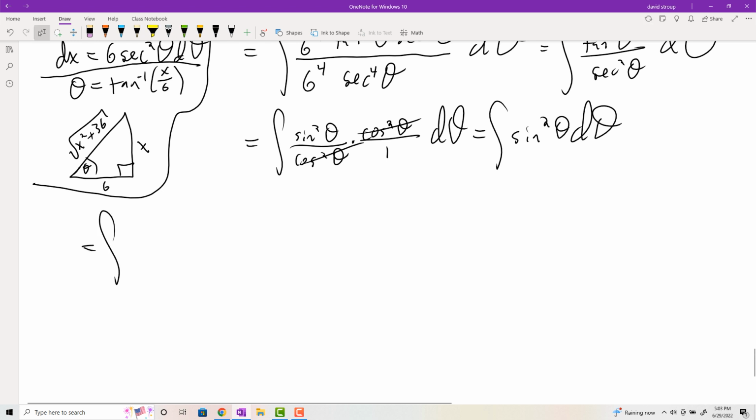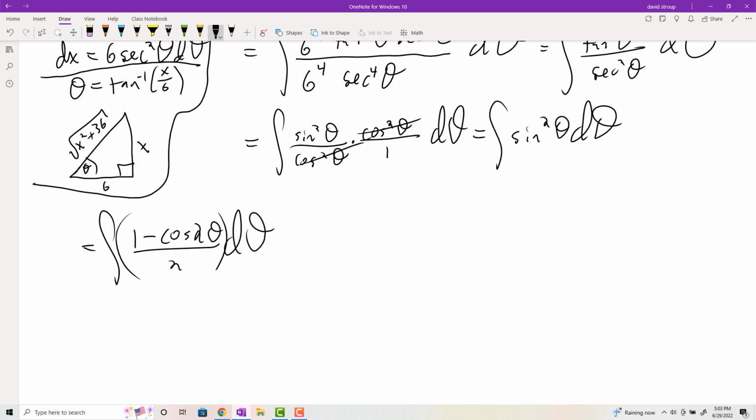Okay. At that point you're stuck with that sine squared theta. So you use one of the power reduction formulas, 1 minus cosine 2 theta over 2, and then you want to butterfly that into 1 over 2 minus 1 over 2 cosine 2 theta, and then finally we can start integrating.